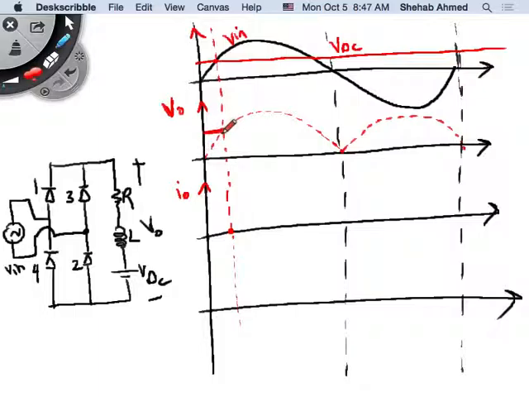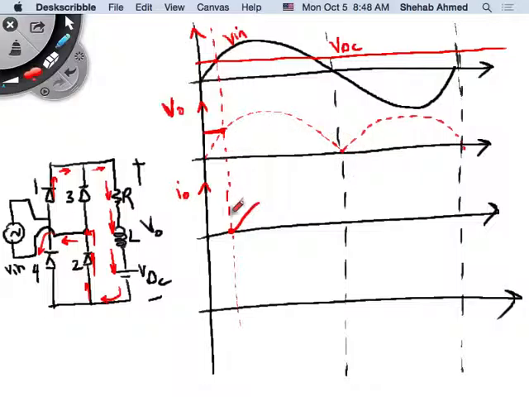Good. And then current starts flowing from this point, meaning diode 1 starts conducting, and I'm connecting my source input to my output voltage. Current passes through diode 1 and goes back through diode 2, right? So from this point here, current starts conducting, and then what's going to happen?